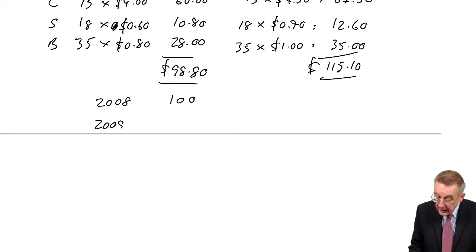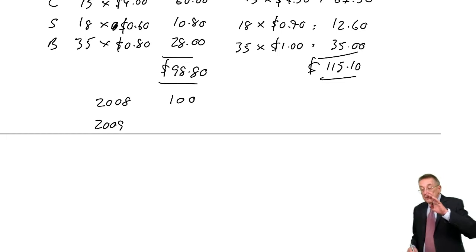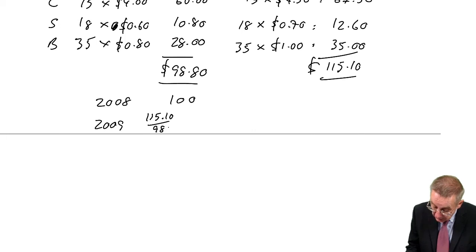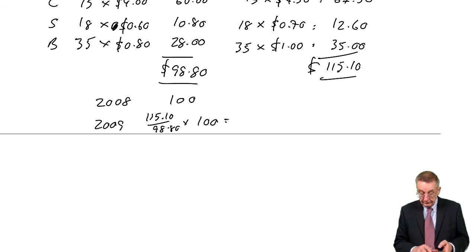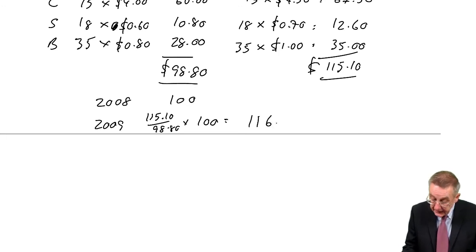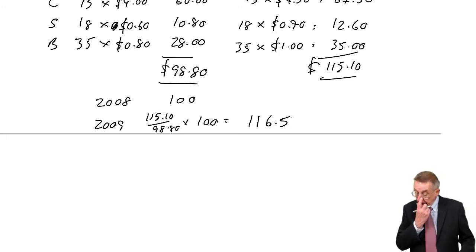For 2009, for every 98, it's gone to 115. So 115.1 over 98.8 times 100 comes to 116.5.